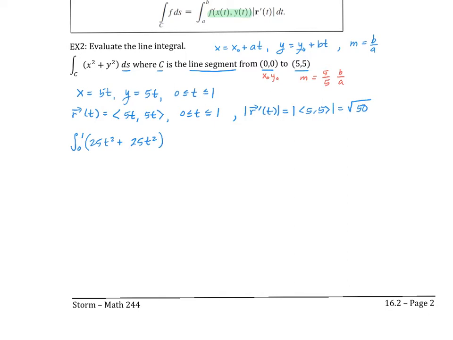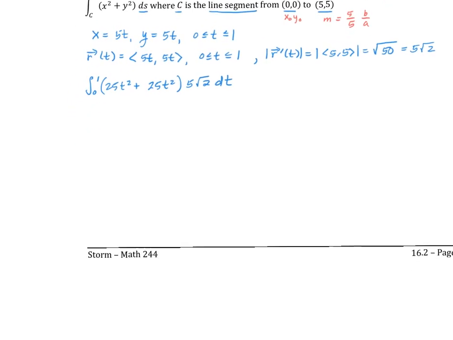All right, so simplifying that, I could keep the square root of 50, but I can't stand not simplifying. This is simply 5 square root of 2. So this would be 5 times the square root of 2 dt. And that's the integral that I want to compute.